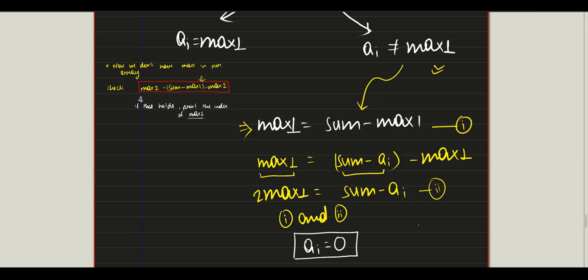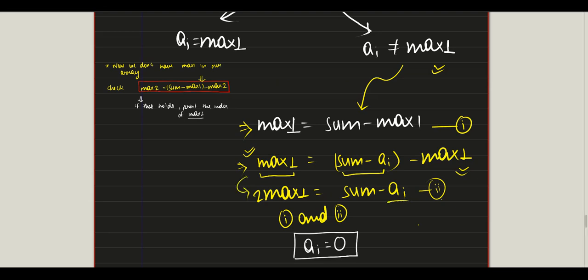I deleted that AI element from the whole sum. Now since the max one element is still present in our array, we have to check this equation: max one equal to sum minus AI minus max one. And if this equation holds, we can say that after deleting the element AI, the new array that we have is a good array. So if you resolve this equation, you will get this.